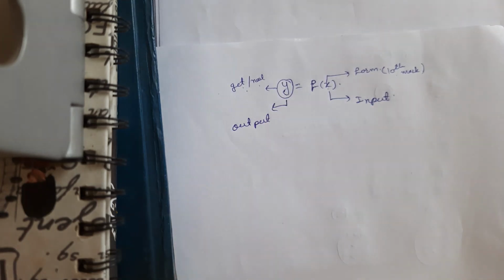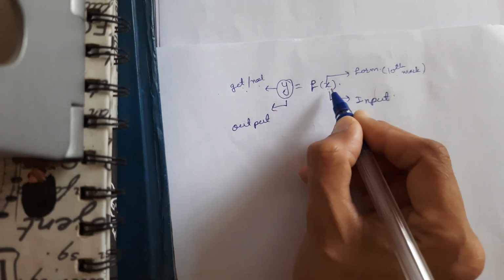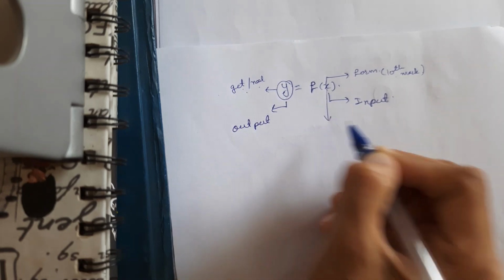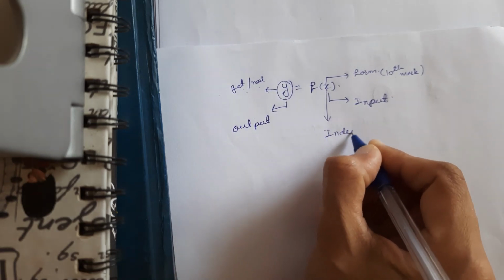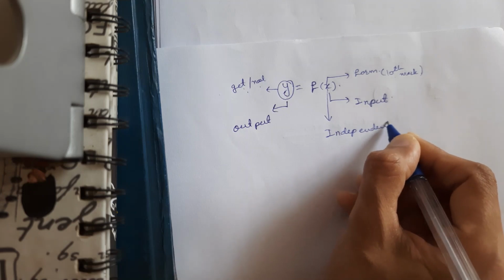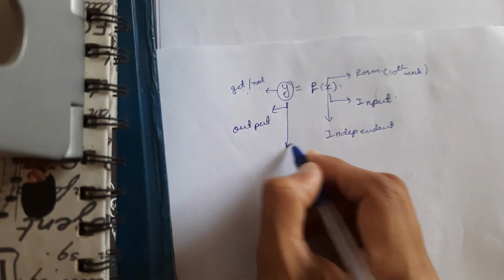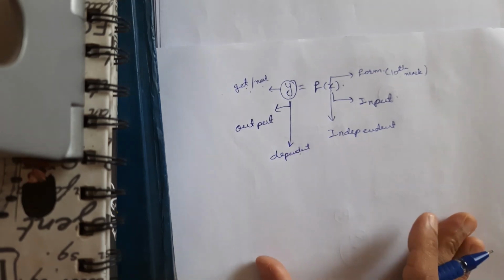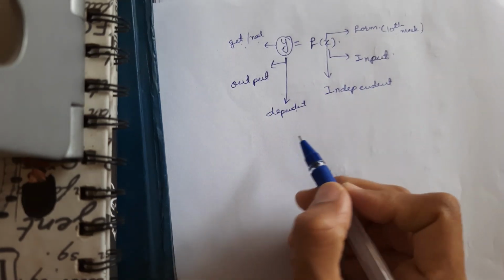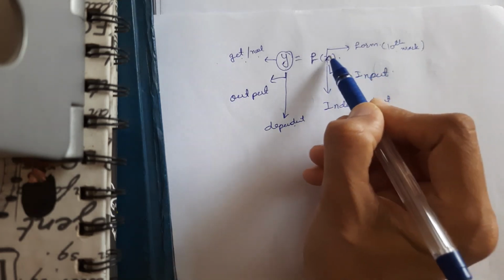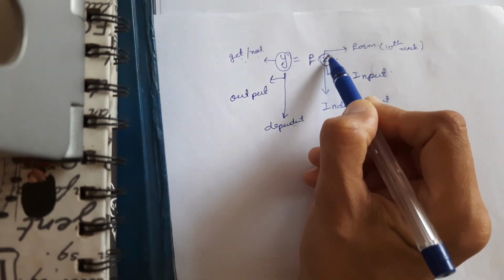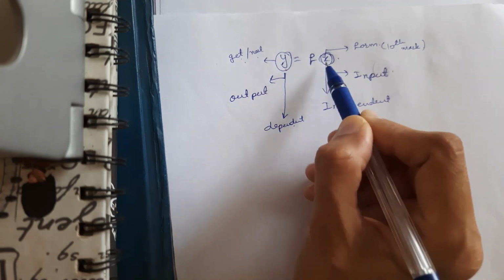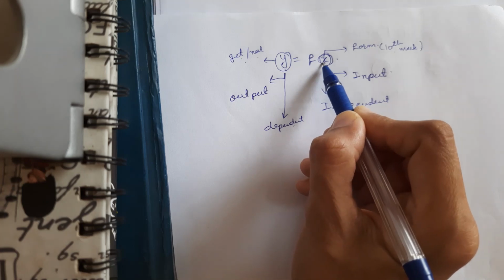Now this output depends on this input. That's why this is called the independent variable. It does not depend on anyone else. It is independent. But this depends on that variable, so this is called the dependent variable. And for a function, for each x, your output should be one and only one. You should not get two outputs for the same x. That is not a function.